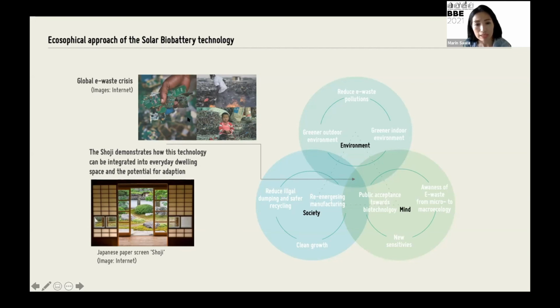And my research is looking at a so-called ecosophical approach, connecting the environment, society, and mind, and at the intersection of these three domains lies how we engage with social practices. My research tries to position this emerging technology to engage with these three domains.